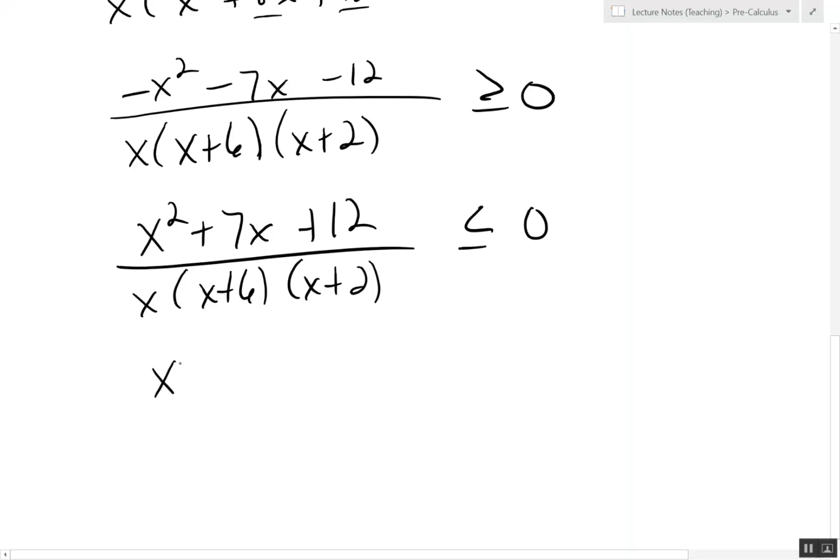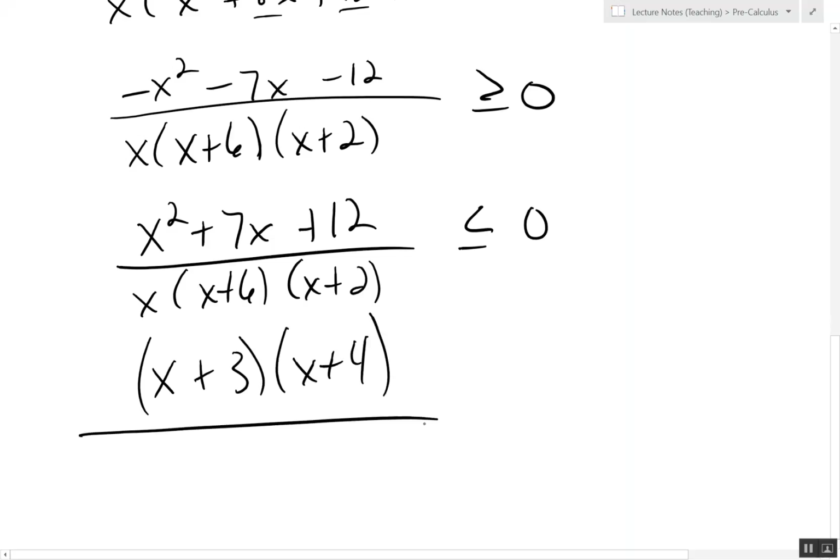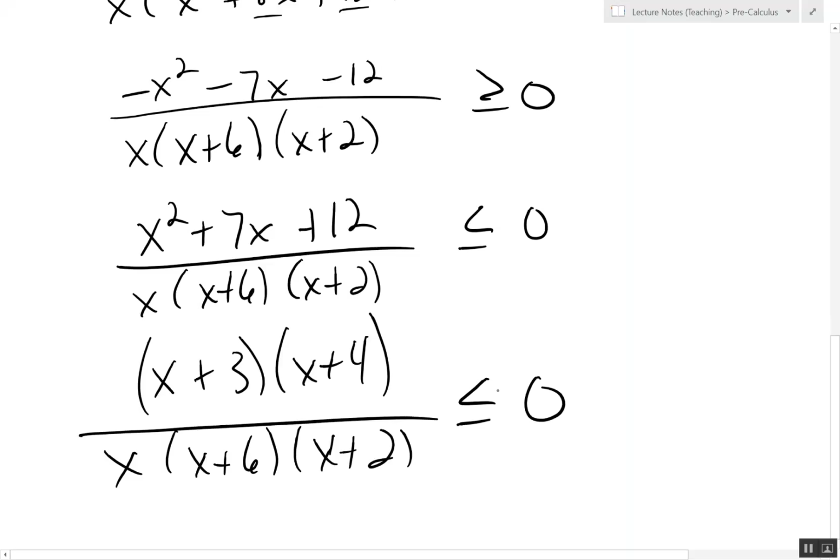So we need factors of 12 that add to 7, so that'll be x plus 3 and x plus 4 all over x times x plus 6 times x plus 2, and we want this to be less than or equal to 0. Very good. So notice that the simplification and the factoring can all happen in kind of one step.